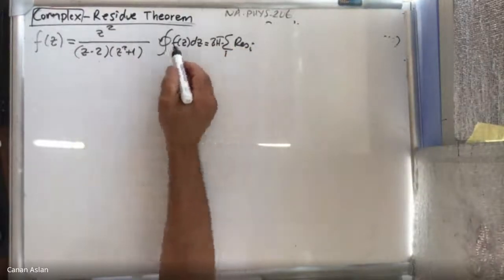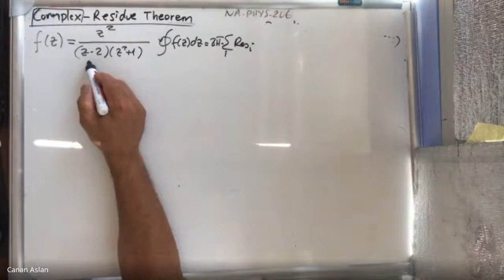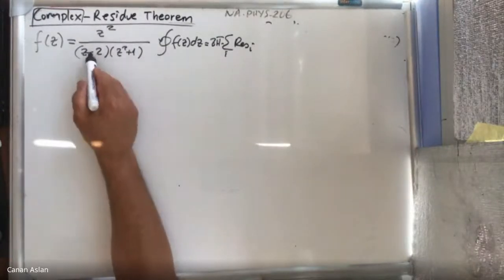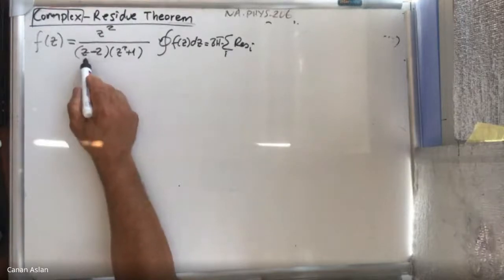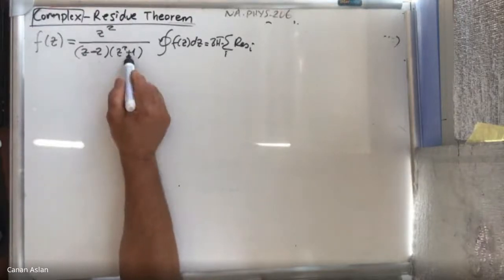But in order to find the residue, we have to find the singularities which make the denominator 0. This is easy because z = 2 makes this parenthesis 0. But what about here? It can be plus and minus i.